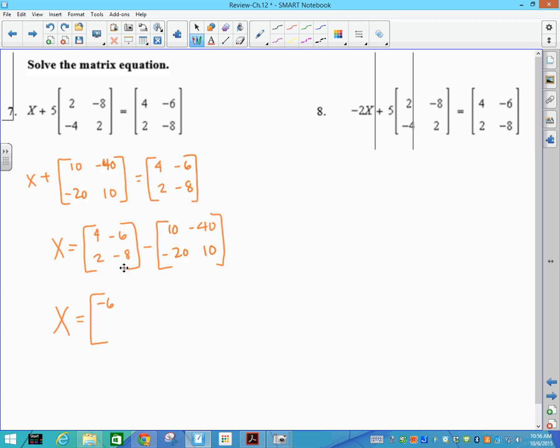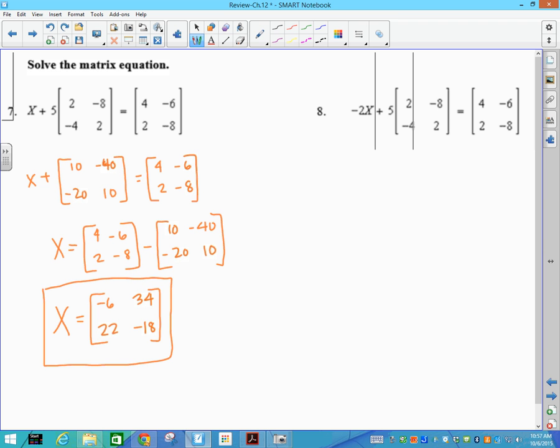Negative 6 minus a negative 40 is negative 6 plus 40, which is 34. 2 minus negative 20 is 22. And negative 8 minus 10 is negative 18. So this is the answer to number 7.